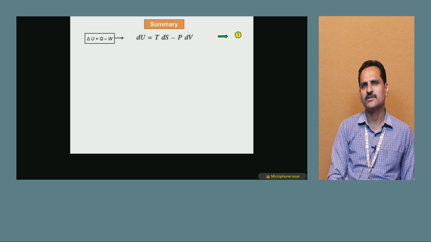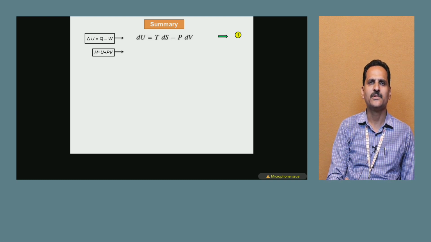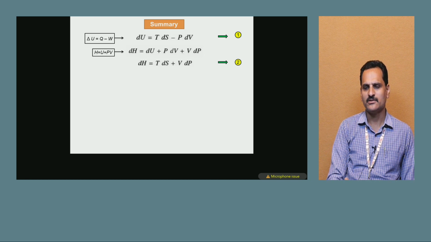This is called the first fundamental property equation. Similarly, the second fundamental property equation is related to enthalpy: H is equal to U plus PV, therefore dH is equal to TdS plus VdP. This is called the second fundamental property equation.